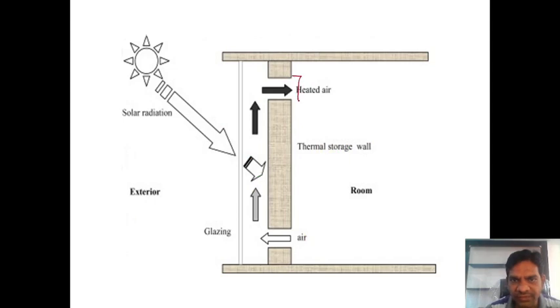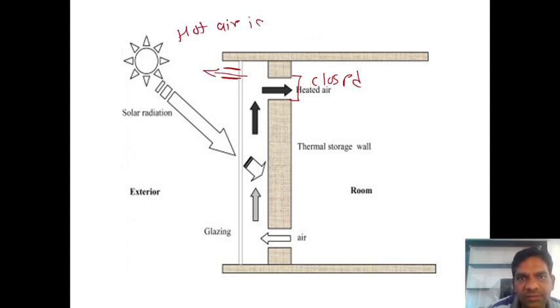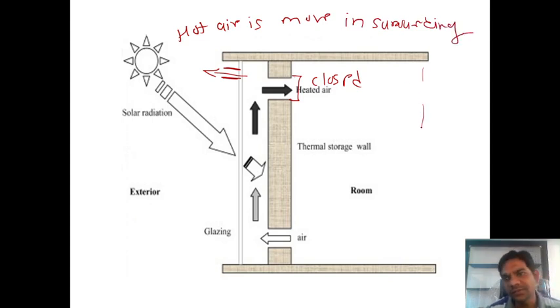I will close the ventilation here, just to understand, okay? And on the top side I will make another ventilation, and from this ventilation the hot air moves into the surroundings, guys. Suppose this is our house.